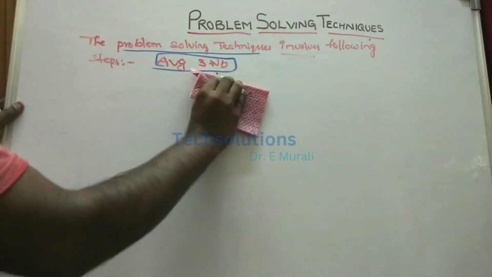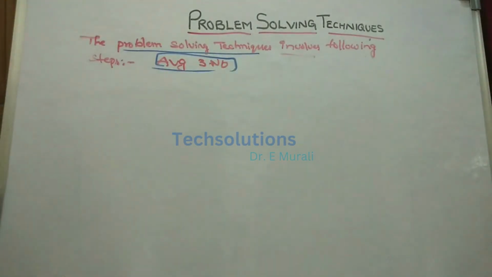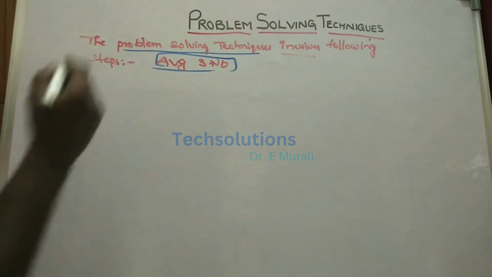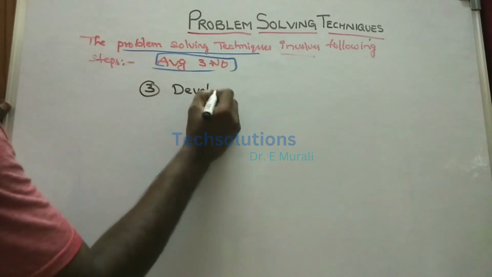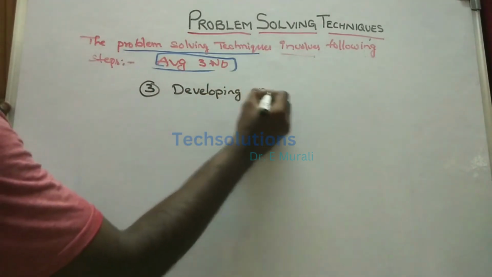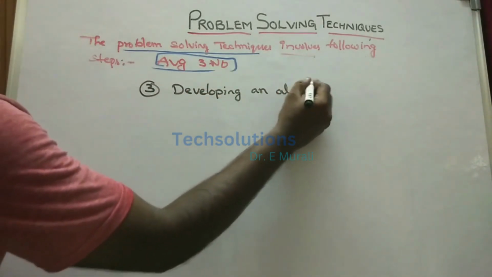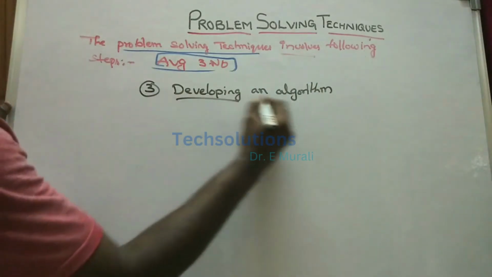After formulating the mathematical equation, the third step is developing an algorithm. What is an algorithm?